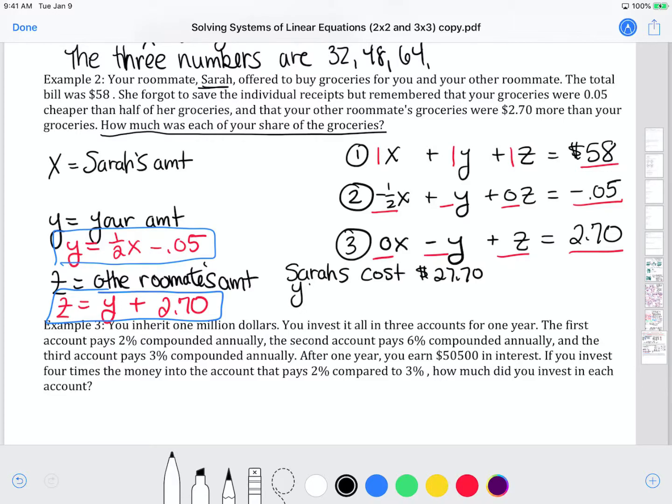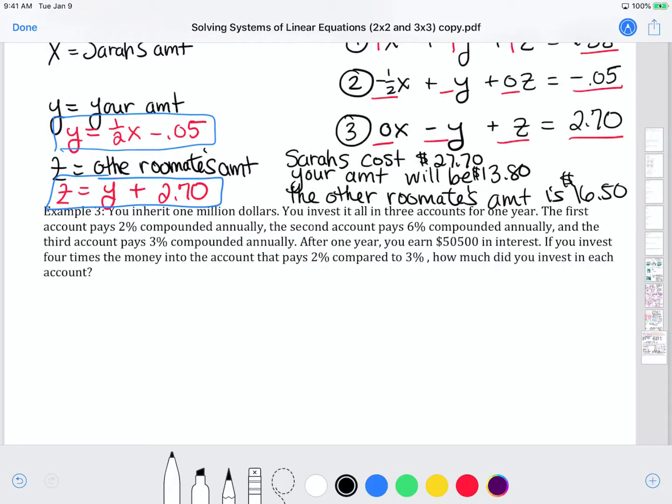So your amount will be $13.80. And then the other roommate's amount, which is Z, is $16.50. So the other roommate's amount is $16.50.